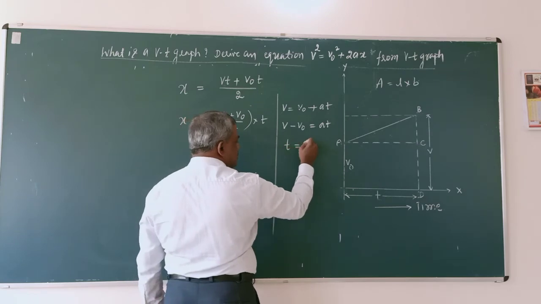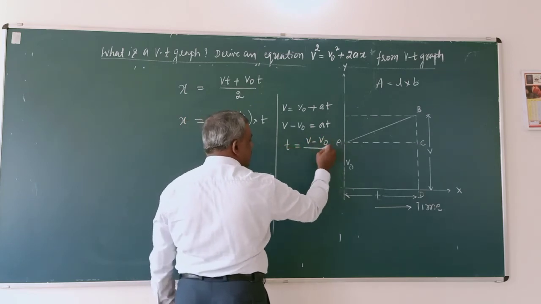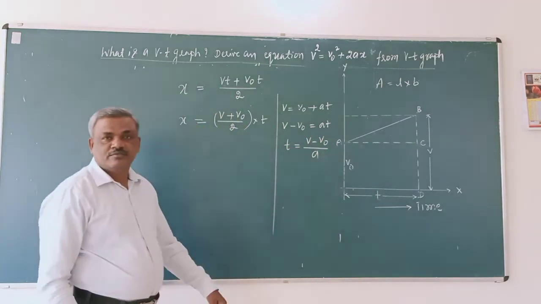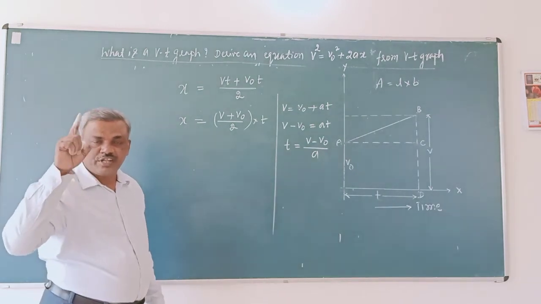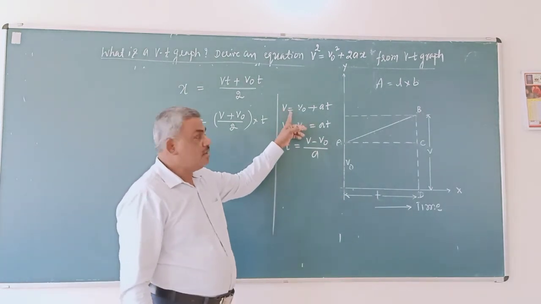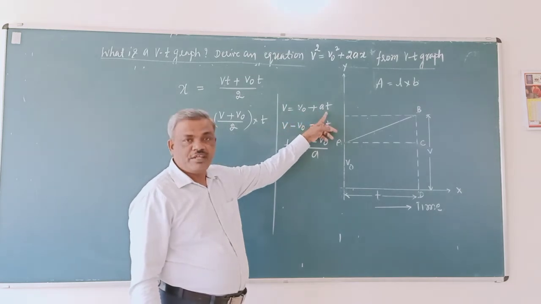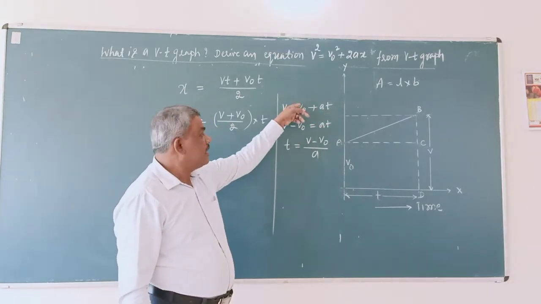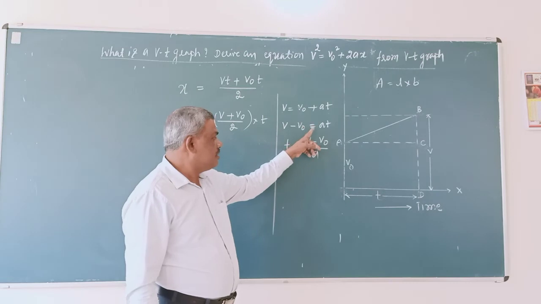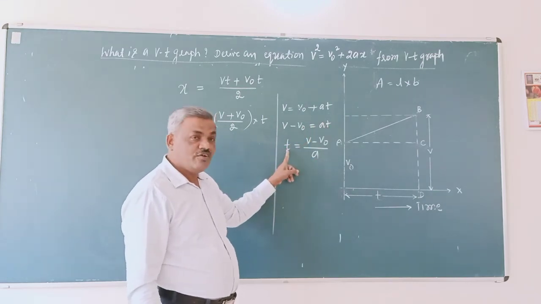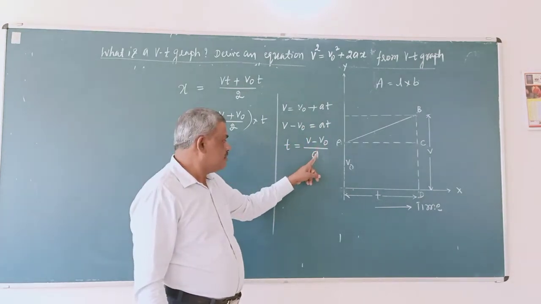Now t equals V minus V naught by A. So students, one more time: V equal to V naught plus At. After V naught goes to the left side, V minus V naught equal to At. Now time t equal to V minus V naught by A.